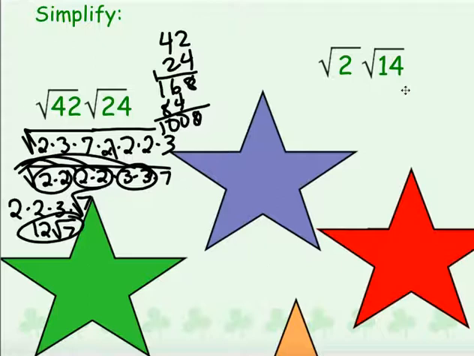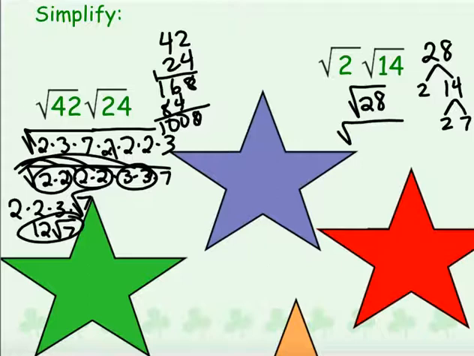All right, how about the next one? Well, we can actually simplify this. We've also seen that the square root of 28 is made up of 4 times 7, which means I can take the square root of 4 and simplify that.